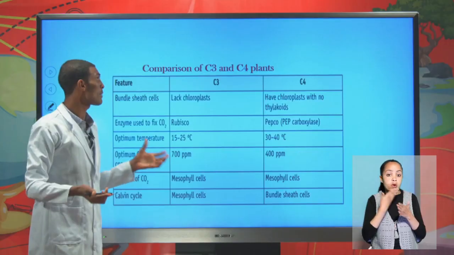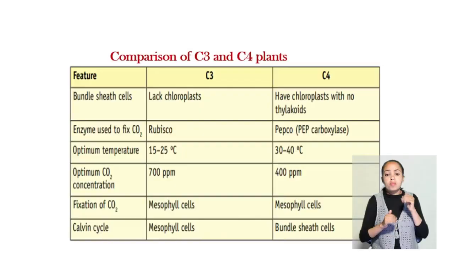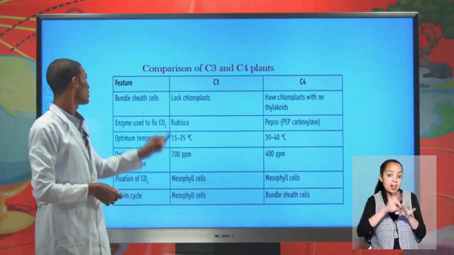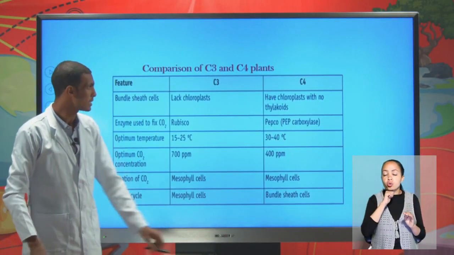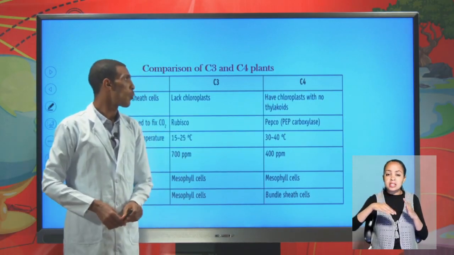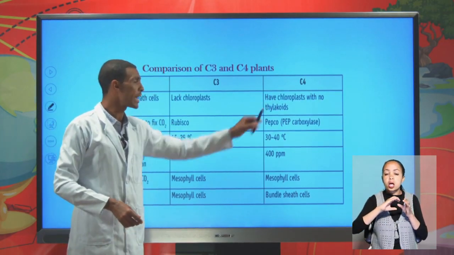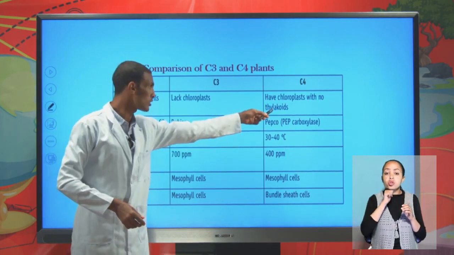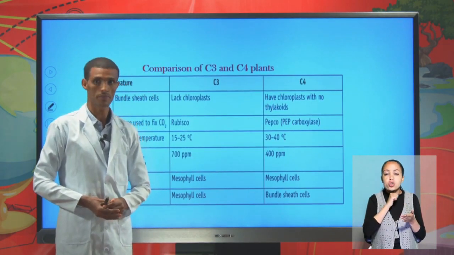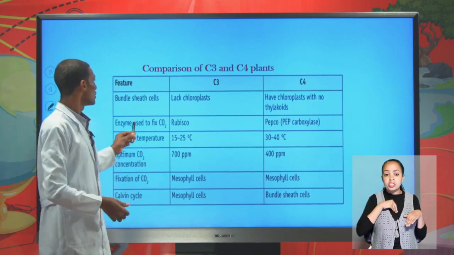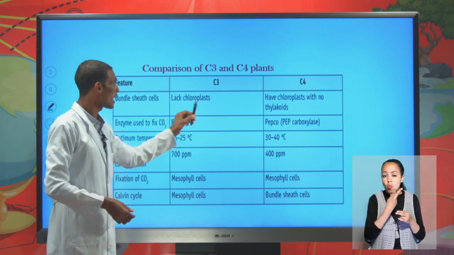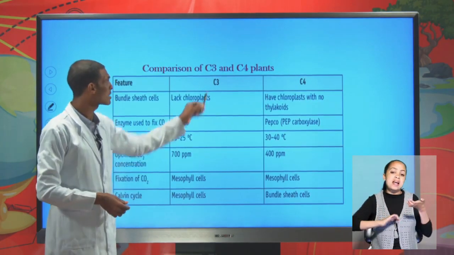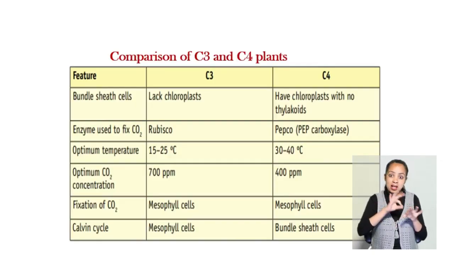Well done, student. Some comparison between C3 and C4 plants. When we say C3 plant, there is a bundle sheath with no chloroplast. But here, there is a bundle sheath with chloroplast and no thylakoid. No oxygen production, no photorespiration. Here, the fixing of carbon dioxide in both processes is catalyzed by an enzyme, where in C3 plants it is catalyzed by Rubisco.